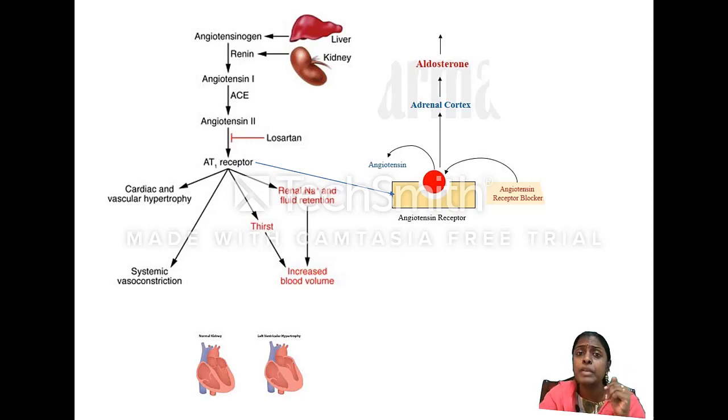Cardiac hypertrophy means it will increase the cells of the heart. So the ventricular layer will be thickened because of the enlargement of the muscle. So here the walls get thickened.